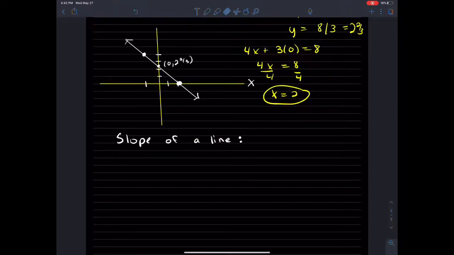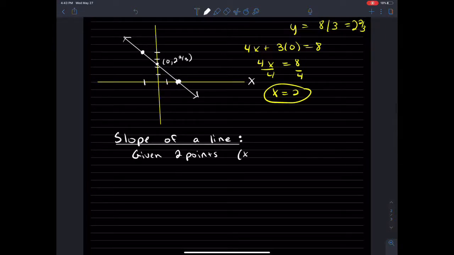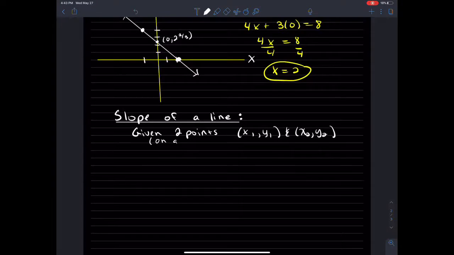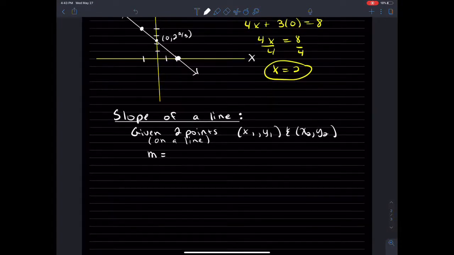Given 2 points, x1, y1, and x2, y2, points on a line, your slope of that line is y2 minus y1 all over x2 minus x1.